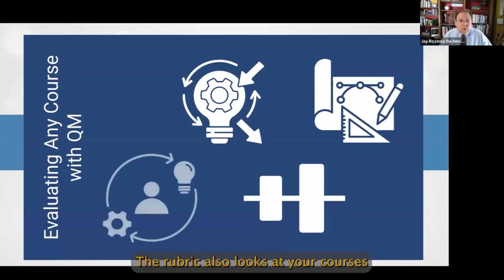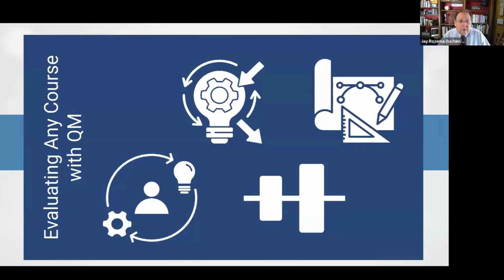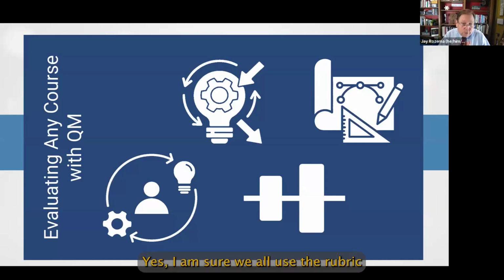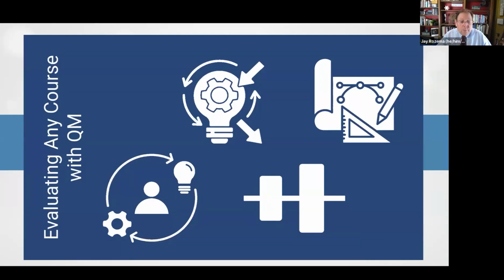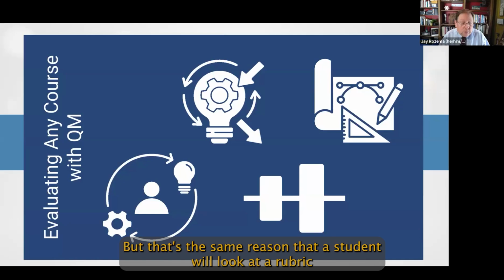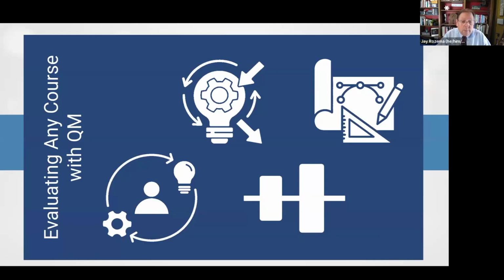The rubric also looks at your courses not as a prescriptive service, but as a reflective purpose. So it looks at review, not as a dictation of what should be. Yes, I'm sure we all use the rubric if we know of it when designing our online course, but that's the same reason that a student will look at a rubric before writing that paper.